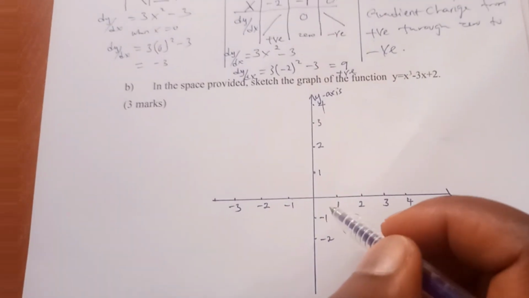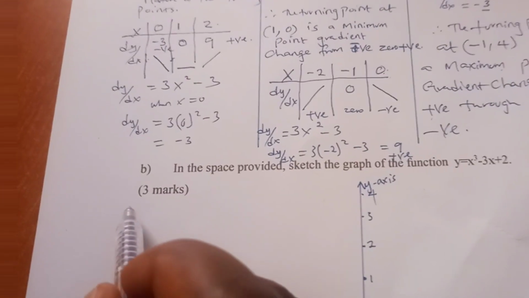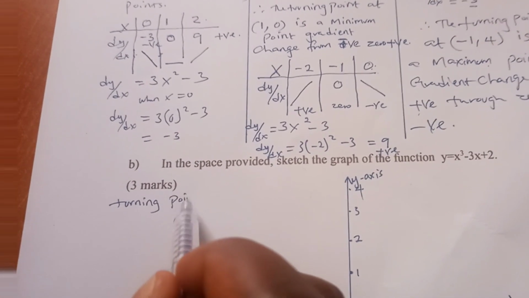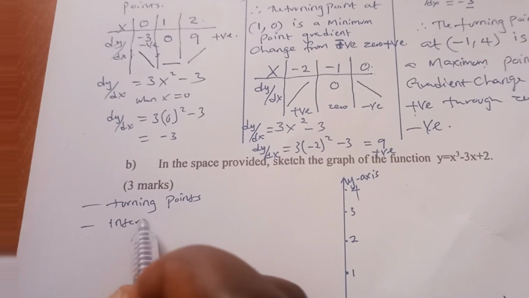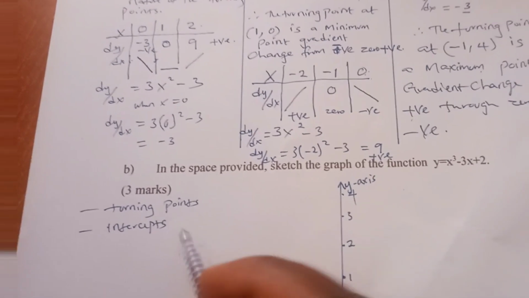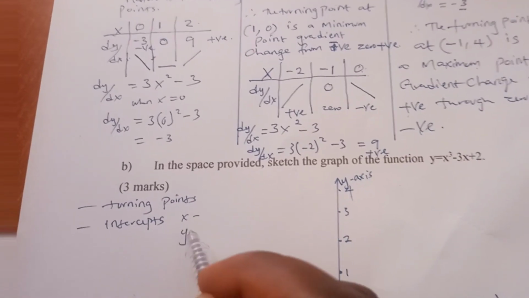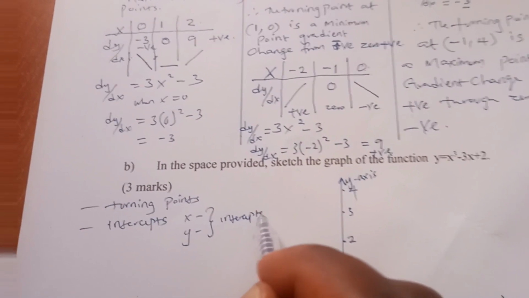Are they maximum, minimum, or point of inflection? And then we are also supposed to talk about the intercepts. So key points to note are the turning points and the intercepts, both the x and y. At times we find that we don't require both. We'll see how and when.